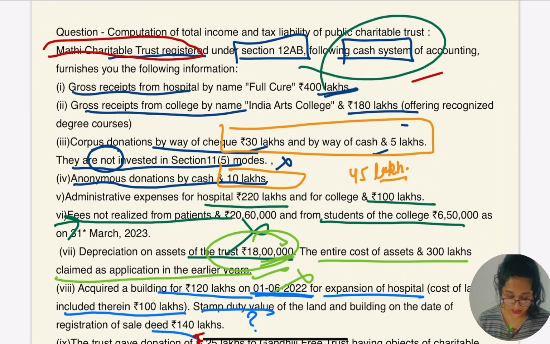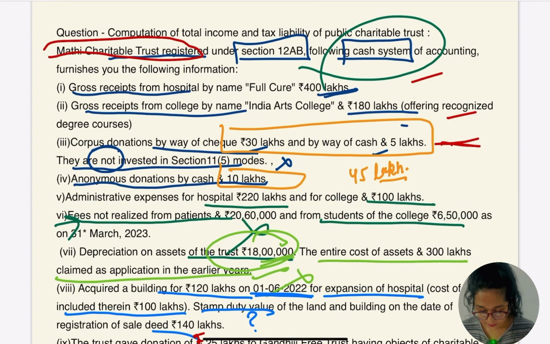We are going to take the gross receipt from the hospital and the college. We have no confusion here, and about the corpus donation we have no confusion here also. So hope so guys, up to this part everything is clear, right?